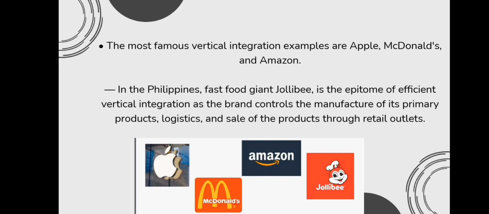So one of the best examples of vertical integration is Jollibee, because it controls its own business by manufacturing its primary products, logistics, and sales through retail outlets. Okay?